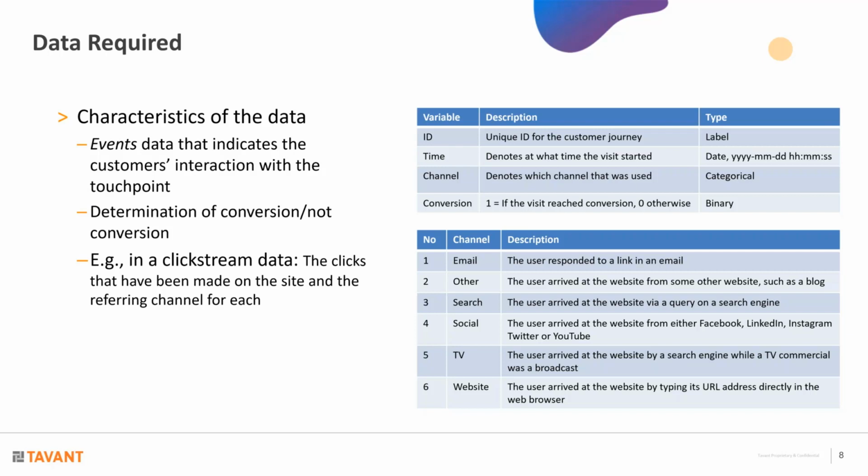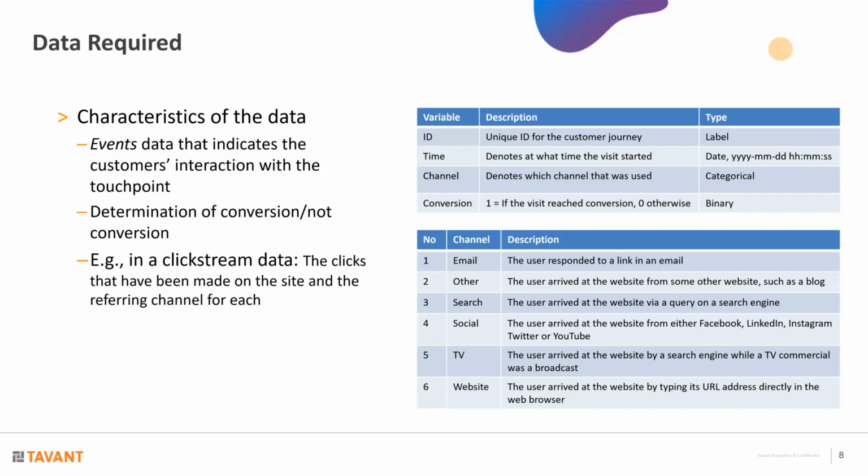And a lot of such data that's being captured is clickstream, online, but there are also non-addressable channels where this data is also captured. Just taking an example of clickstream data, the clicks that were made on the site and where they came from, that kind of information needs to be captured. In some instances, clickstream data can also be used to infer information about non-addressable channels.